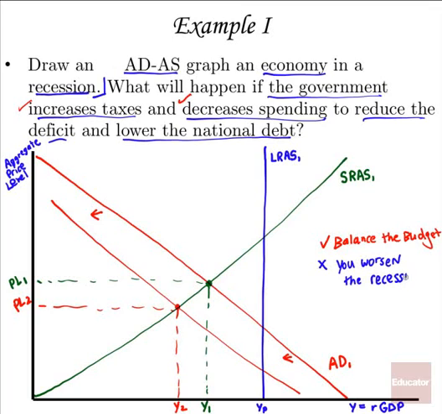Again, the Keynesian solution is definitely not going to be focused on balancing the budget. It's going to be trying to increase that aggregate demand and then maybe worry about the budget deficit later. Again, there's pros and cons with both approaches. But again, as far as this AP exam is concerned, this is a graph that would be used to illustrate the example that I gave you here.